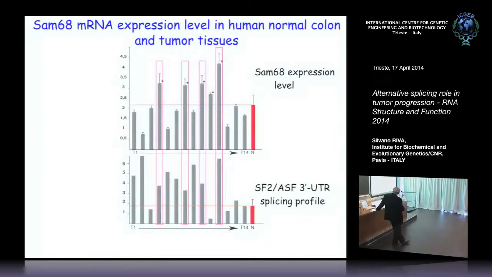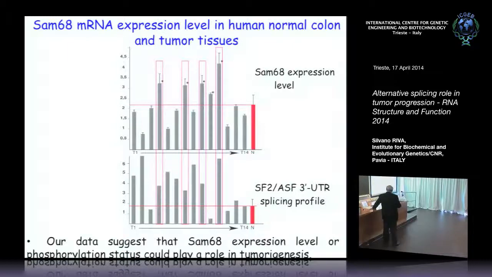And the other thing that was noticed is that the SAM68 mRNA expression level in human colon and human tissues is, on the average, higher than normal. So the data suggest that the SAM68 expression level or phosphorylation status could play a role in tumorigenesis.